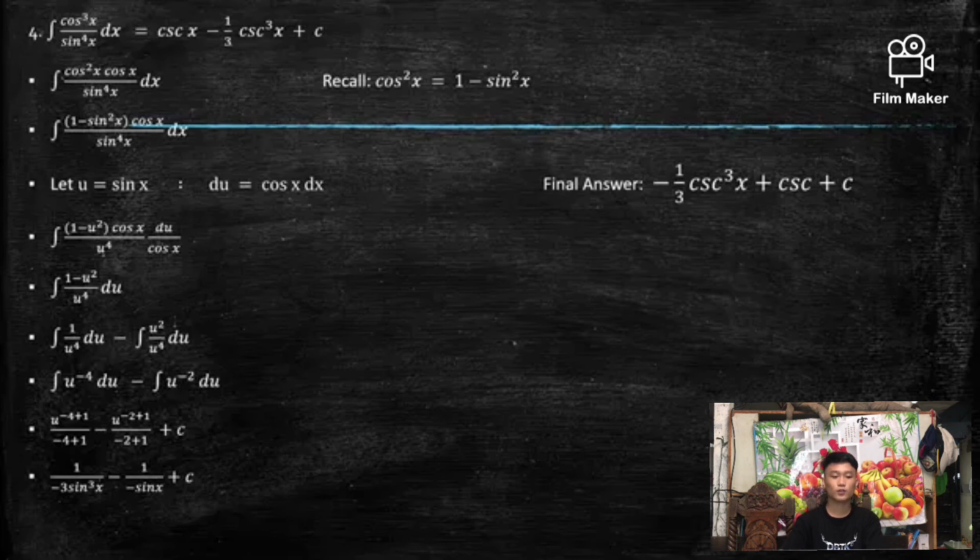We will move u to the denominator, then bring back the original value of u, which is sine x, resulting in 1 over negative 3 sine cubed x minus 1 over negative sine x plus c. Lastly, recall the trigonometric identity 1 over sine x equals cosecant x. Then the final answer will be negative 1 over 3 cosecant cubed x plus cosecant x plus c.